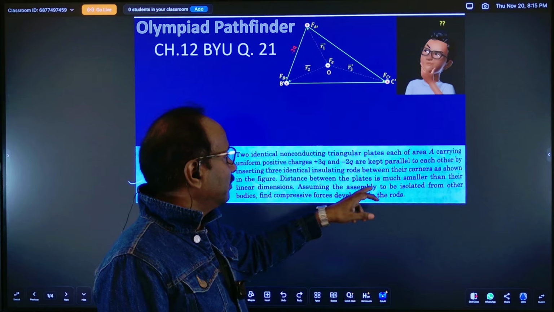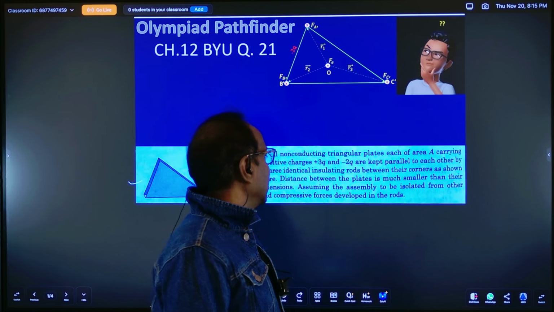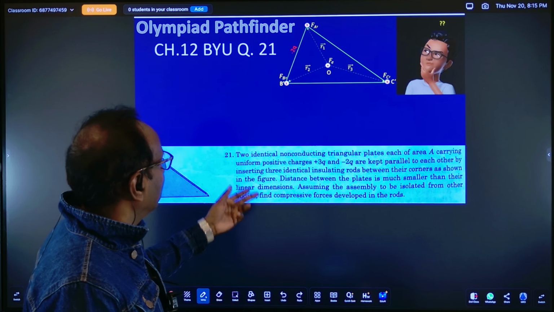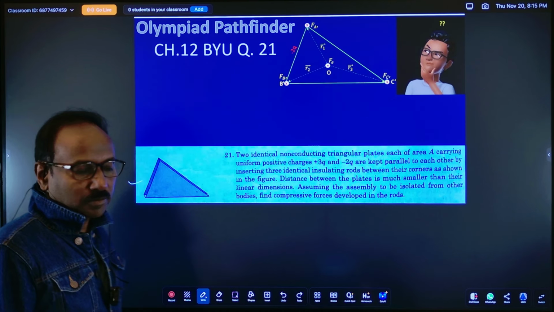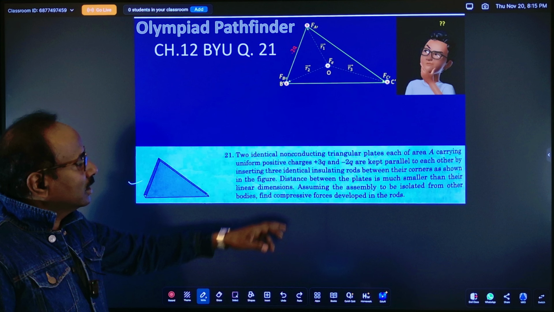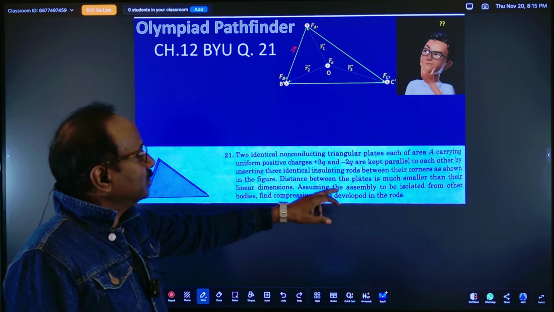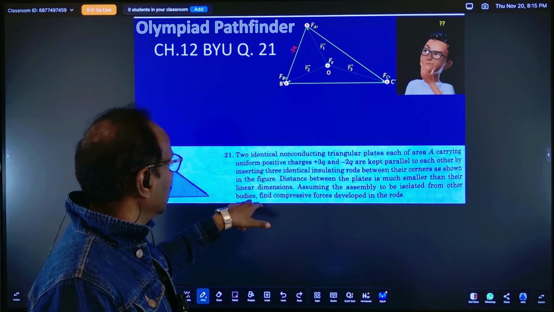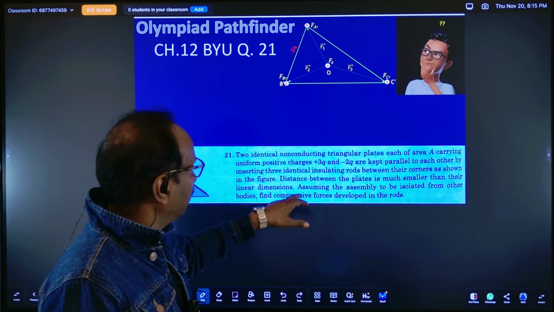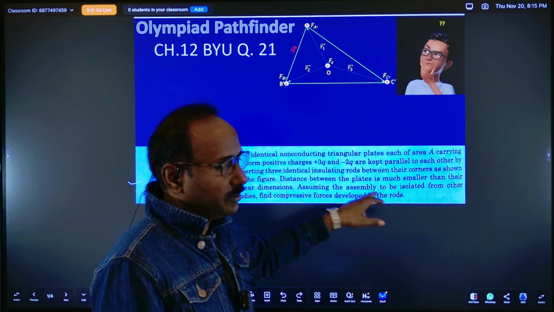Distance between the plates is much smaller than their linear dimensions. Assuming the assembly to be isolated from other bodies, find the compressive forces developed in the rods.